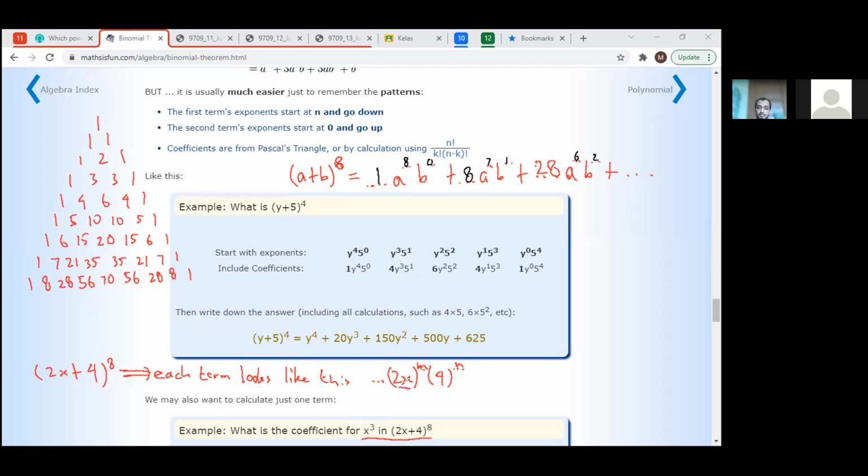The 4 will not change the power of x, and the coefficient will not change it either. So when we want the coefficient of x cubed, first we look at this one, because it is the only one that contributes to the power of x. From this, we can conclude what m is.